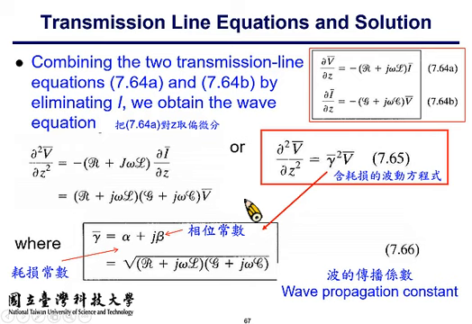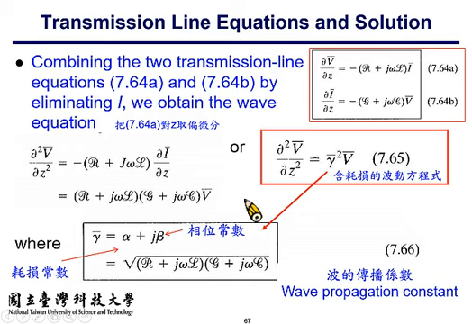Alright, so by definition, because alpha and beta are real positive numbers, gamma is a complex number. And as you can see, since alpha is referred to as the attenuation constant, of course, as the name suggests, it is closely related to loss. So if alpha equals 0, then the propagation constant of the transmission line becomes a pure imaginary number.